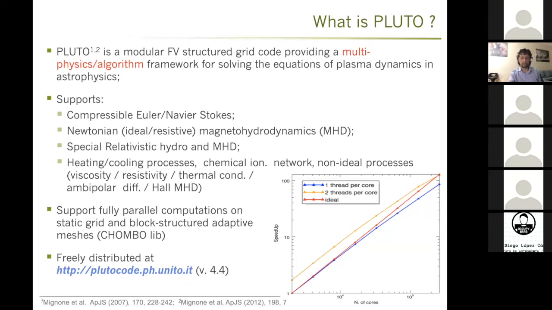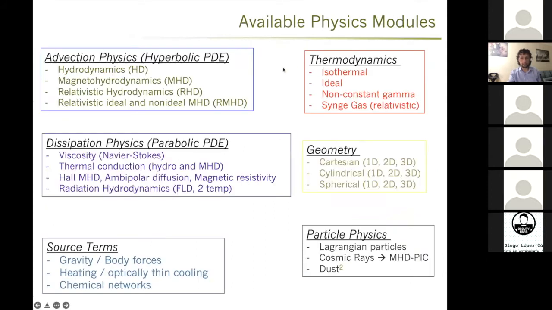But that will come later, probably 1 year from now. At present, however, PLUTO is still available, of course, to run on CPU, and it has all these different modules, different equations of state that allow you to switch between an isothermal or ideal gas, non-constant gamma, or the Synge gas for relativistic hydro.